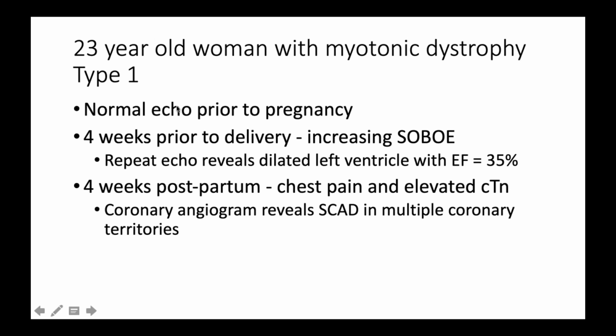but very unfortunate: a woman who is only 23 and had myotonic dystrophy type 1. She had a normal echo prior to becoming pregnant, but about 4 weeks prior to delivery, she presented with increasing shortness of breath on exertion, and had a repeat echo that revealed what was felt to be a pregnancy-related cardiomyopathy with an EF of about 30%.